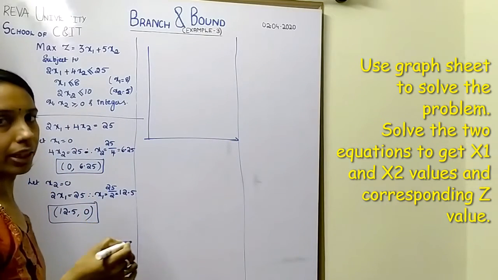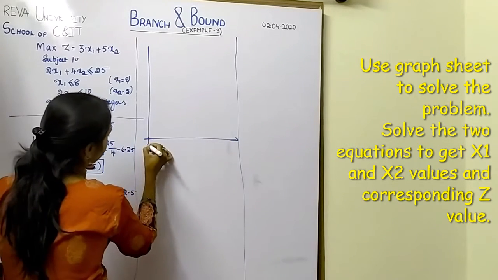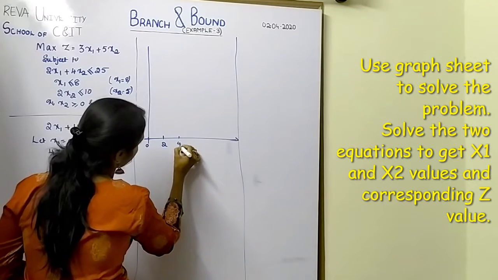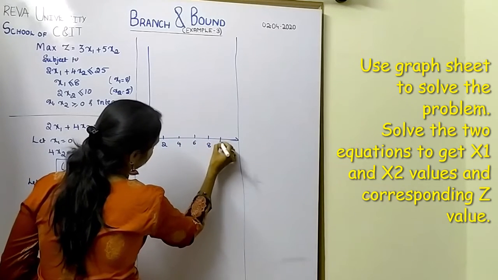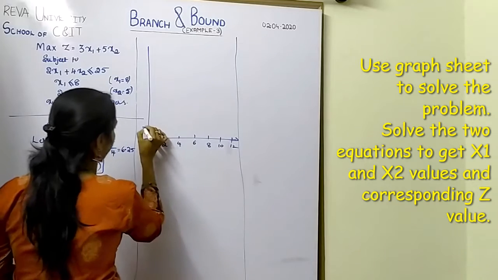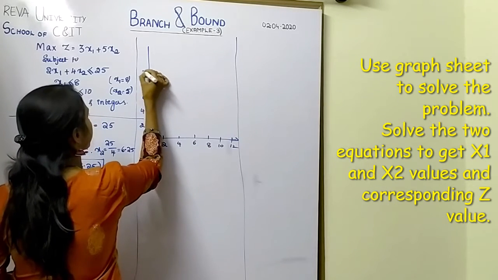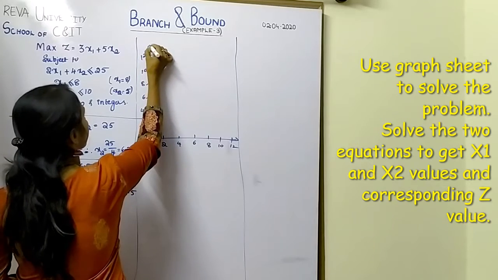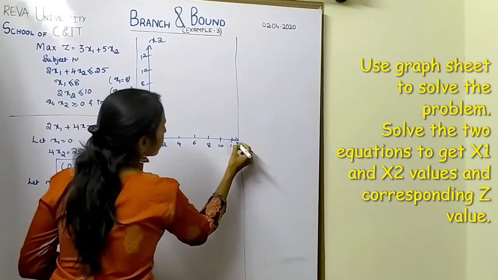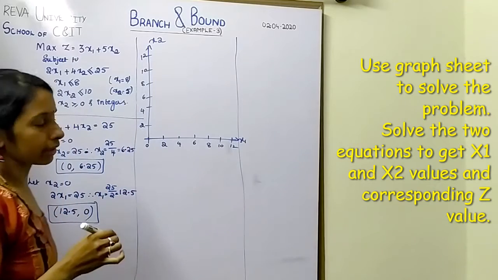using the graphical method. So here this is 0, 2, 4, 6, 8, 10, 12, and 2, 4, 6, 8, 10, 12. This is the x2 axis, this is the x1 axis.